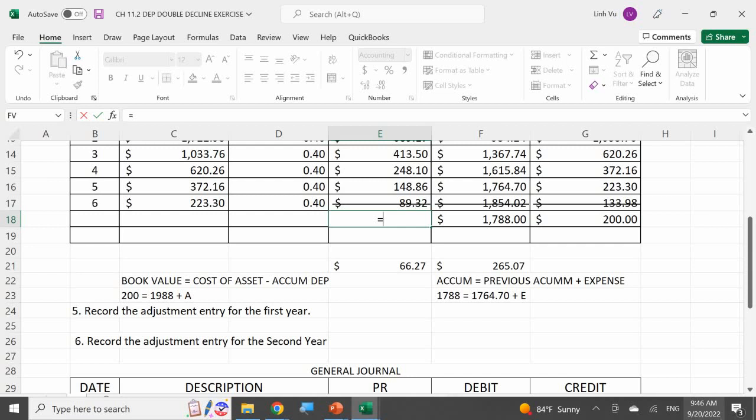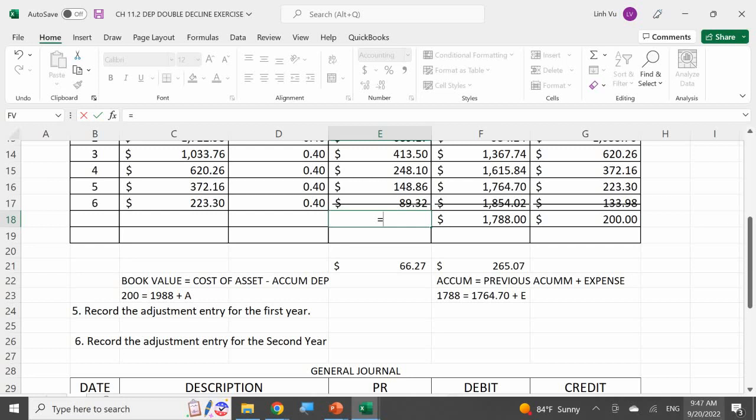Is it the 148.86? No. Look at the equation down below here. The accumulated depreciation is equal to the previous year's accumulated plus my depreciation expense. If I already know that at the end of the 6th year my accumulated depreciation is 1788, and my previous year was 1764.70, I need to add something to that number to get 1788.